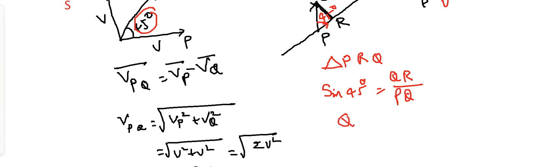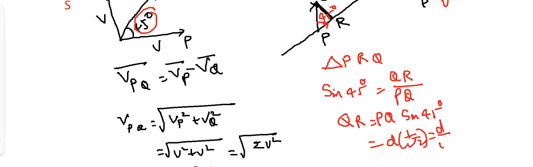Therefore, QR is equal to PQ into sine 45. What is the value of sine 45? 1 by root 2. PQ is D. So this is D into 1 by root 2, which is nothing but D by root 2. In the present problem, D is given as 100. So this becomes 50 root 2 meters. The closest distance or minimum distance is nothing but 50 root 2.